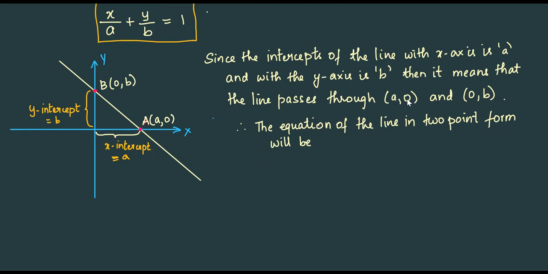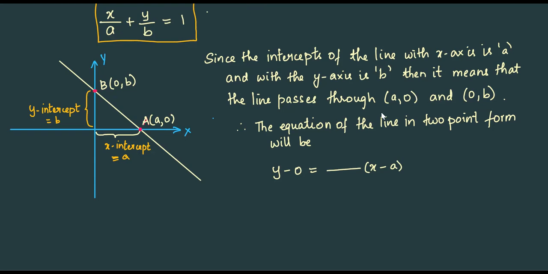So y minus y1 is equal to m into x minus x1. So x1 y1 is a comma 0. So y minus y1 is equal to the slope of the line joining two points, a comma 0 and 0 comma b.